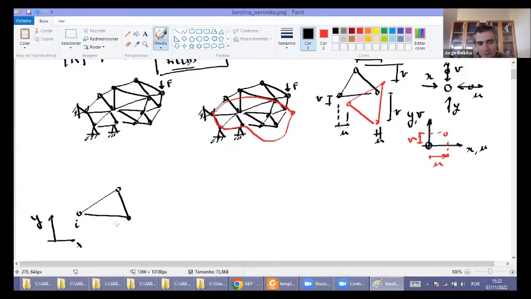And let's imagine that you have here node i, node j, and node k. And we are interested to know the displacement of this point here, this inner point. It does not matter if it is the center of the element or not. It is any point. It can be closer to i or j or k, or it can be in the middle, never mind.